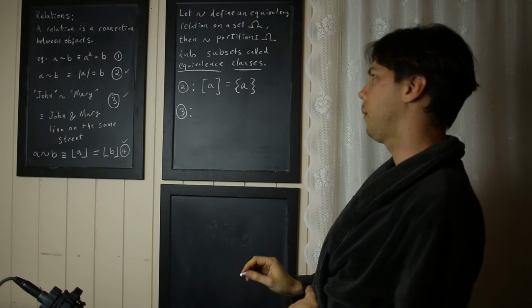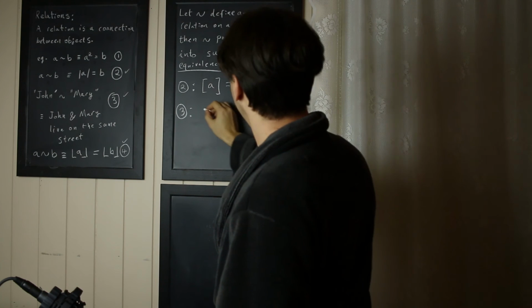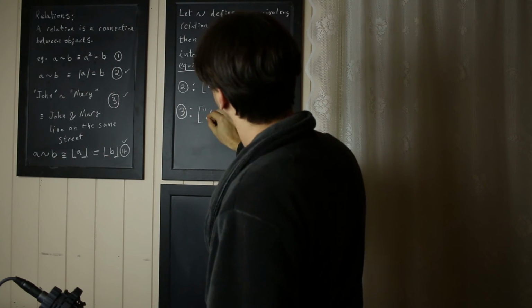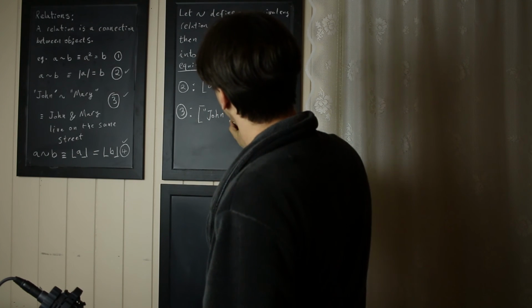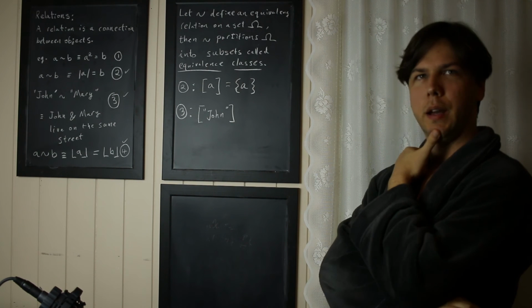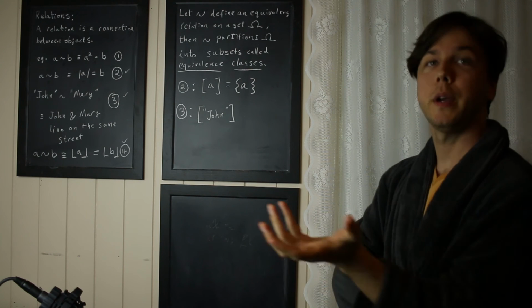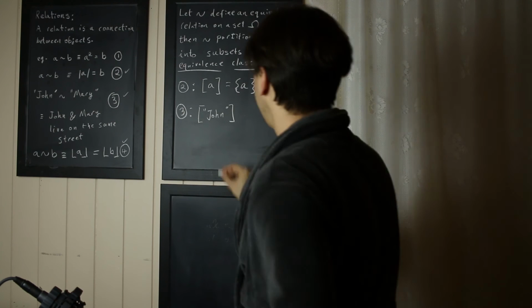If we take relation 3, then for example, take the equivalence class of John. This is a set of all people who relate to John under relation 3, which is just everyone who lives on his street.